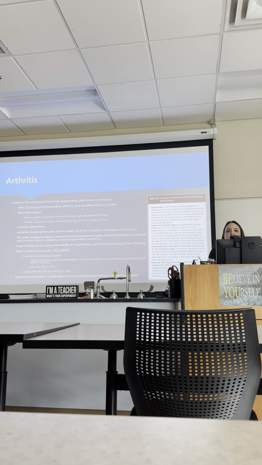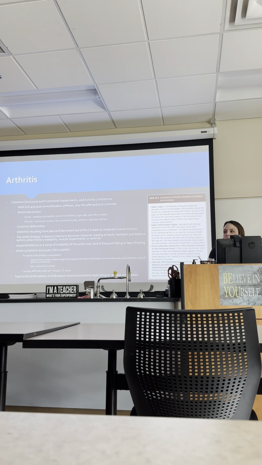What about sit to stand? What about up and down stairs? What kind of motion do you need at your ankle? You need a good amount of dorsiflexion to get down in that position or to push up from. So you need a lot of dorsiflexion range. What about strength to get yourself up the stairs?